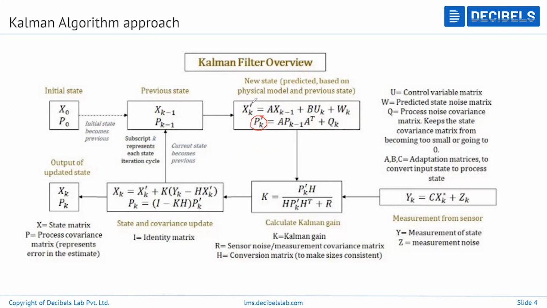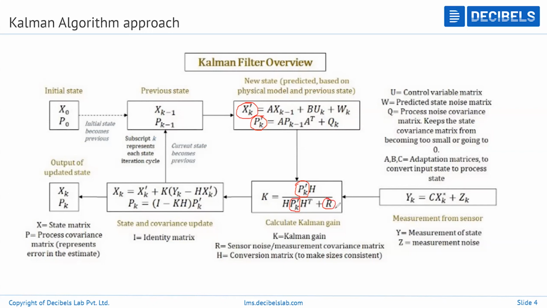This is the estimate and this is the error in estimate, which are part of the predicted step. Okay, and then you can go to the next step, that is Kalman gain estimation. So what are the inputs for the Kalman gain estimation? One is error in estimate, here also error in estimate, and there is R.